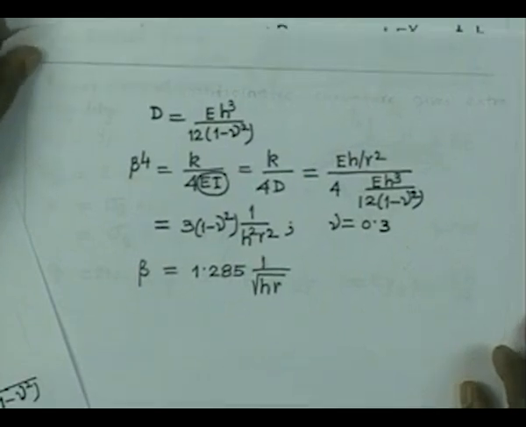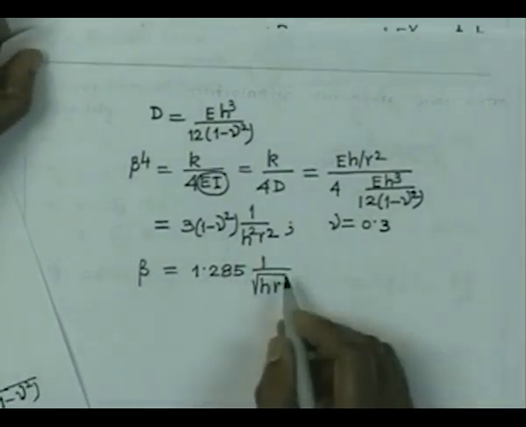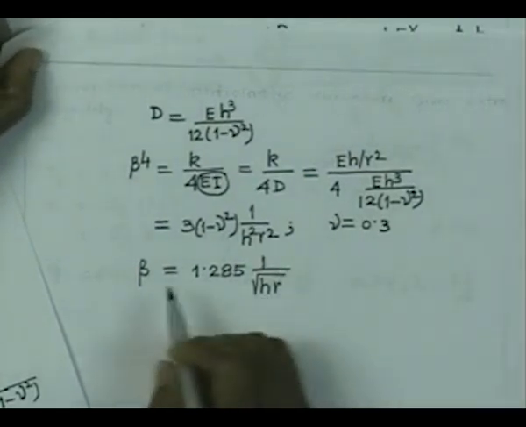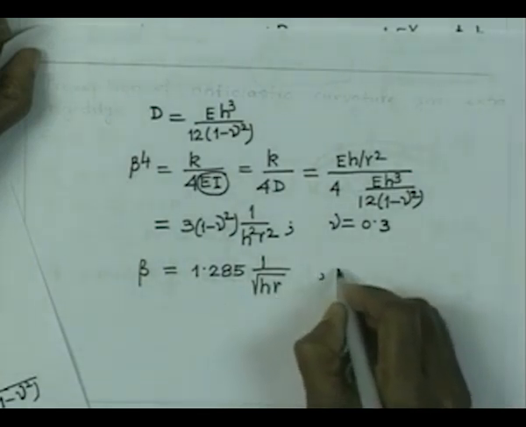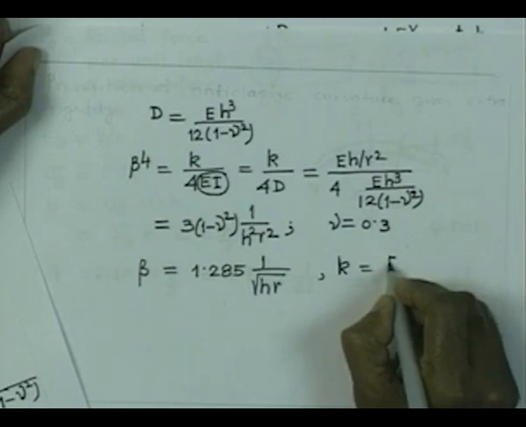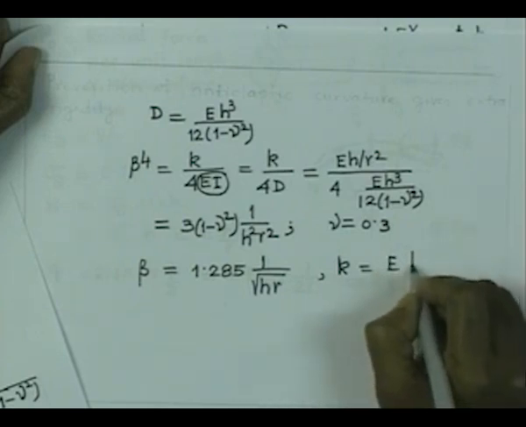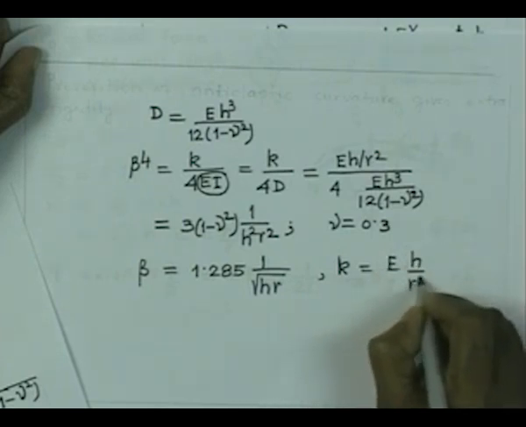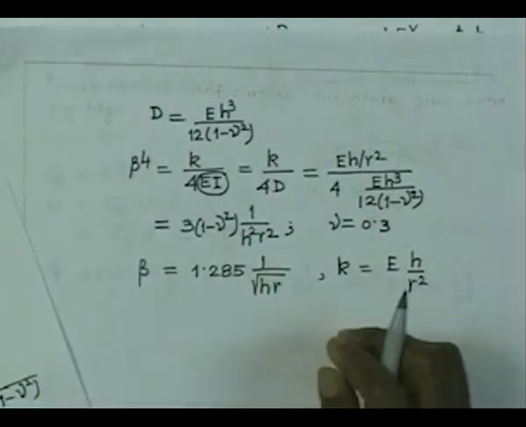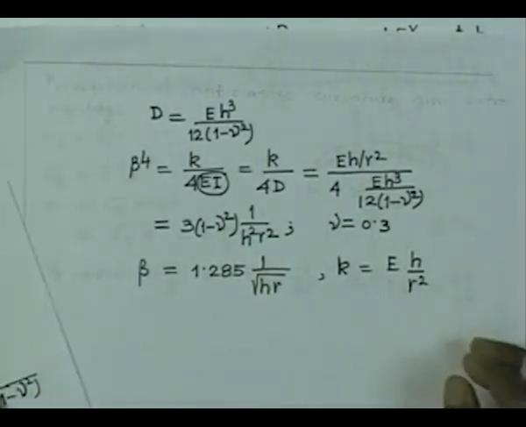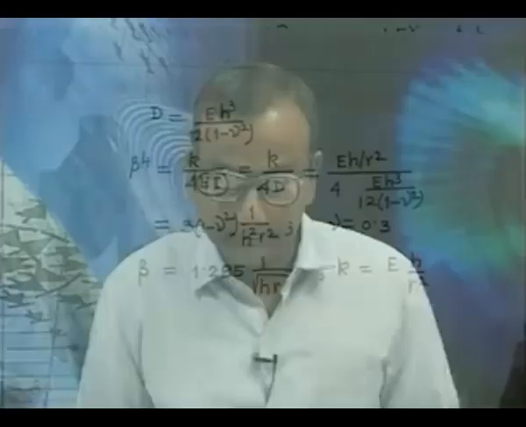So, two pieces of information are finally obtained. Beta is given by this, which is related to thickness and the radius of the vessel, and also we have got k, which is nothing but E h by r square. So, once this is done, we can now apply the derivations that we had in our earlier lecture. So, we will go for applying this.